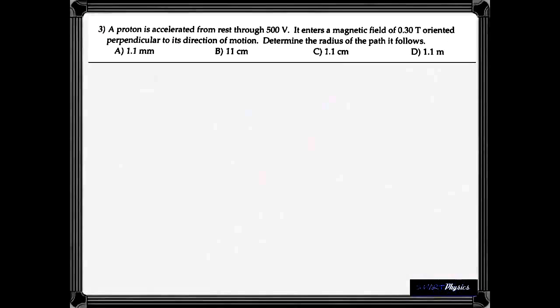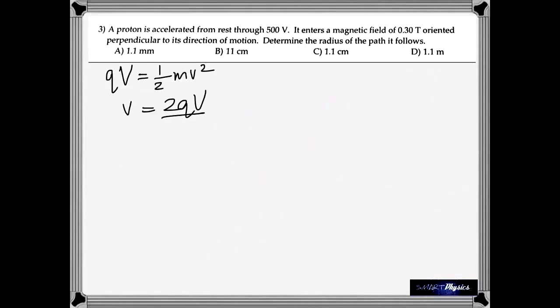In the third question, which is similar to question 1, the proton is accelerated through 500 volts and then enters a magnetic field. You define the radius. Again, Q V is equal to 1/2 mv squared, and therefore the velocity can be found.